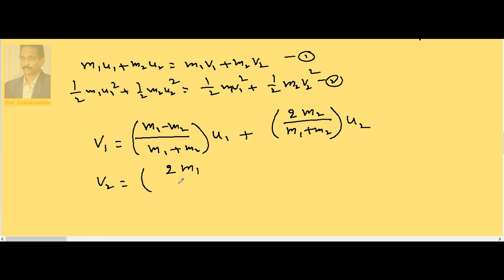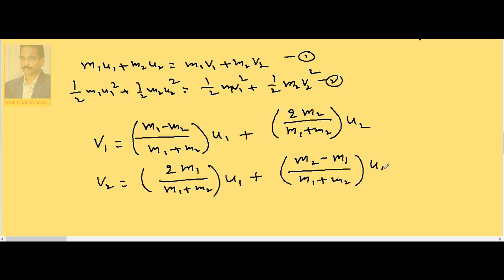Since it is the first term, it is 2m1. So take this term to that side, but reverse this. It is (m2 minus m1)/(m1 plus m2) into u2. These are final velocities in the case of one-dimensional elastic collision.